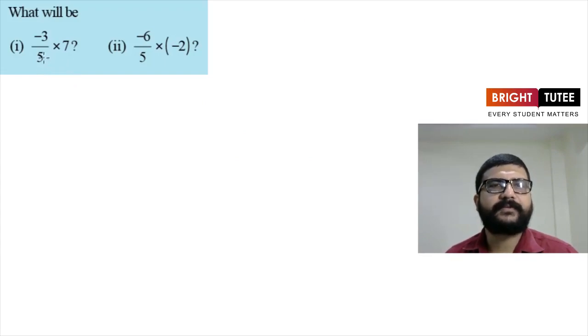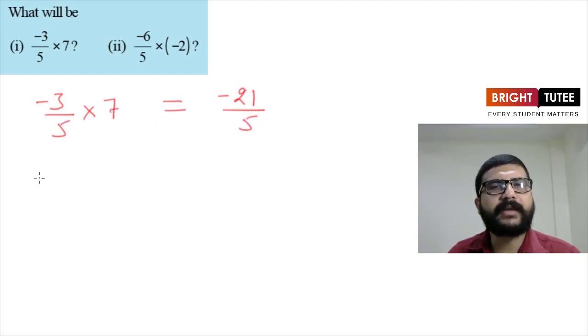Let's try these questions now. The first one is minus 3 upon 5 into 7. So we are multiplying these two numbers, minus 3 upon 5 and 7. What we will do, we will simply multiply minus 3 with 7. That will give us minus 21 upon 5. Now we can also write this 7 as 7 upon 1.